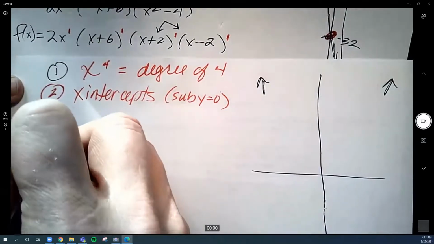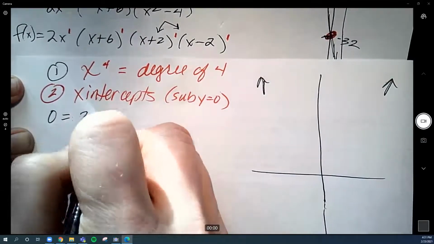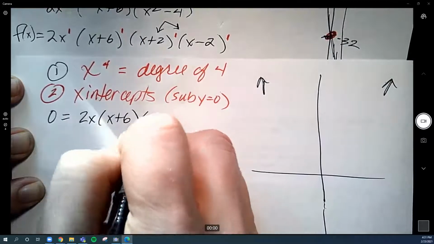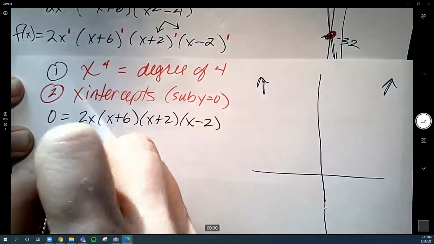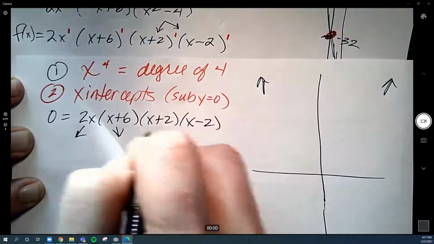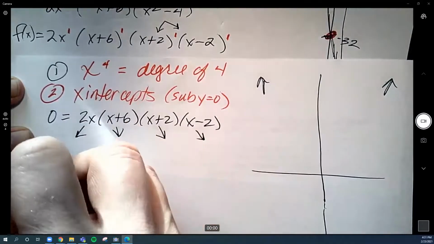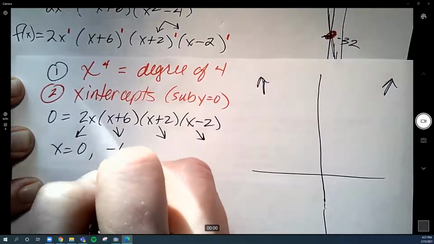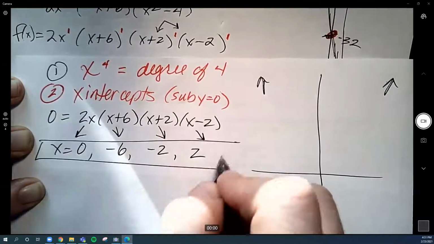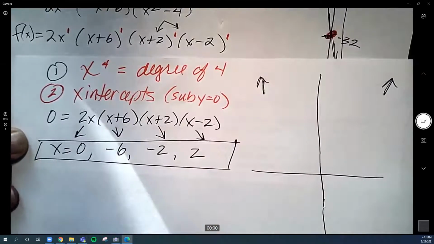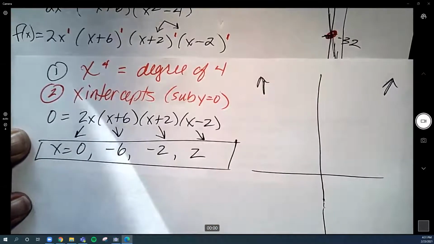So 0 equals 2x times x plus 6, x plus 2, x minus 2, which obviously then means x can be 0, negative 6, negative 2, or 2. So there's actually 4 x-intercepts.